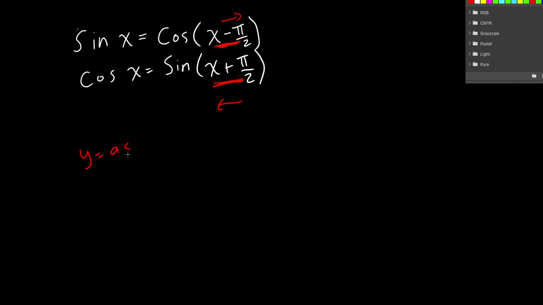This is a diagram in your book, but maybe I'll explain it just a little bit before we start with some examples. Okay, so if we have a sine function, this a right here, so if there's a number out in front, it's called the amplitude.